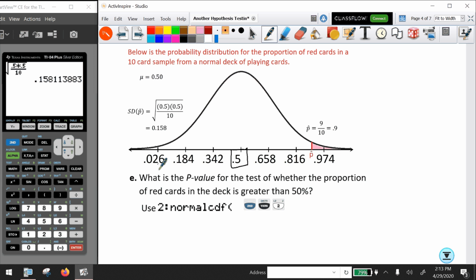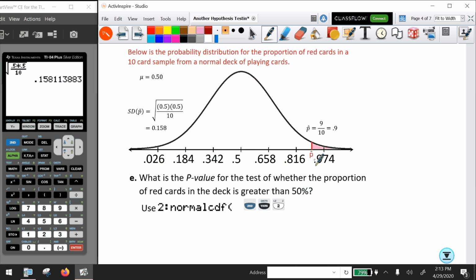Now, our sample proportion of our original 10 cards that were dealt to us had 9 red cards and only 1 black card. So that is our p hat, and I plotted that here. 90% of the cards were red. I just drew a little line at where I thought 90% was.